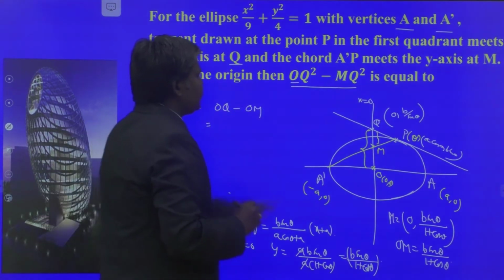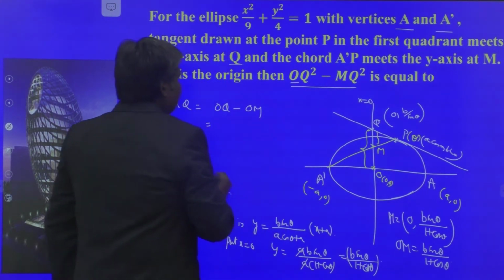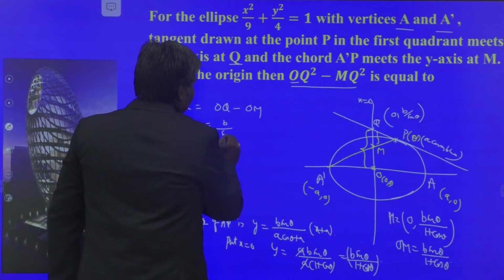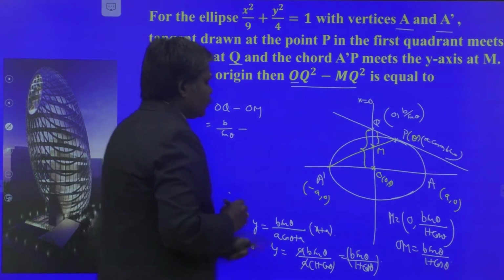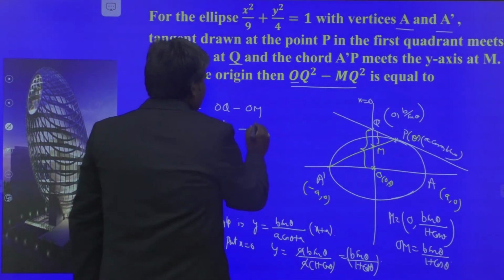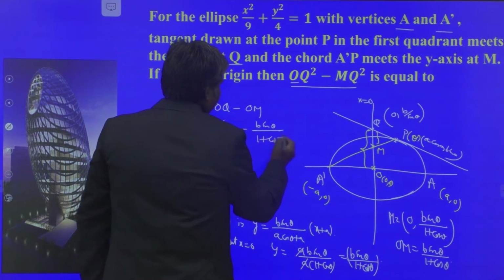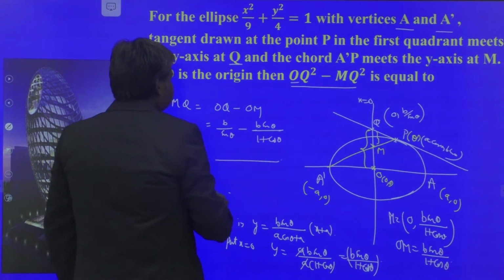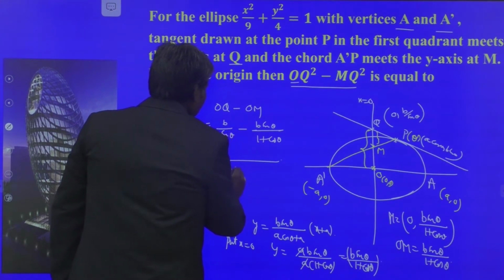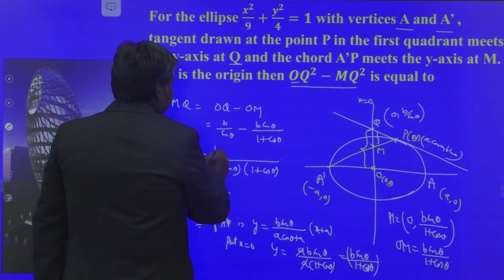What is our OQ distance? OQ is equal to b / sin theta. So b / sin theta minus OM, which is b sin theta / (1 + cos theta). Now take the LCM.